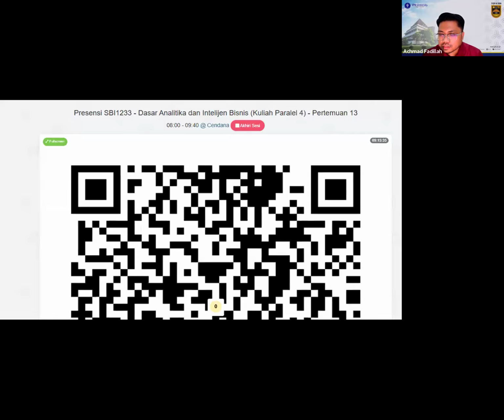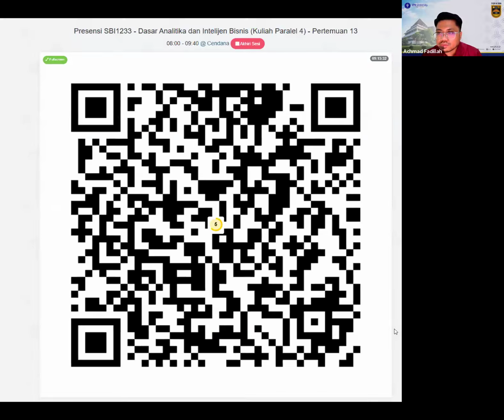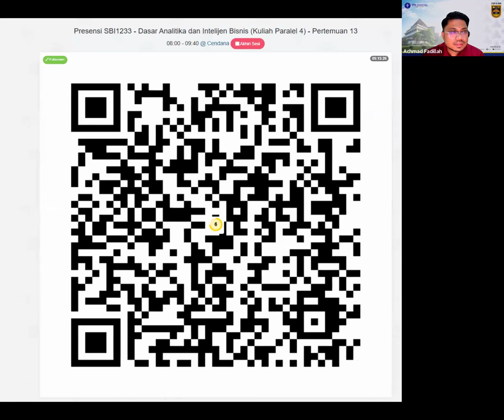Let's try this barcode. Does it work or not? Okay, does this work on your device to scan? Yes, sir.